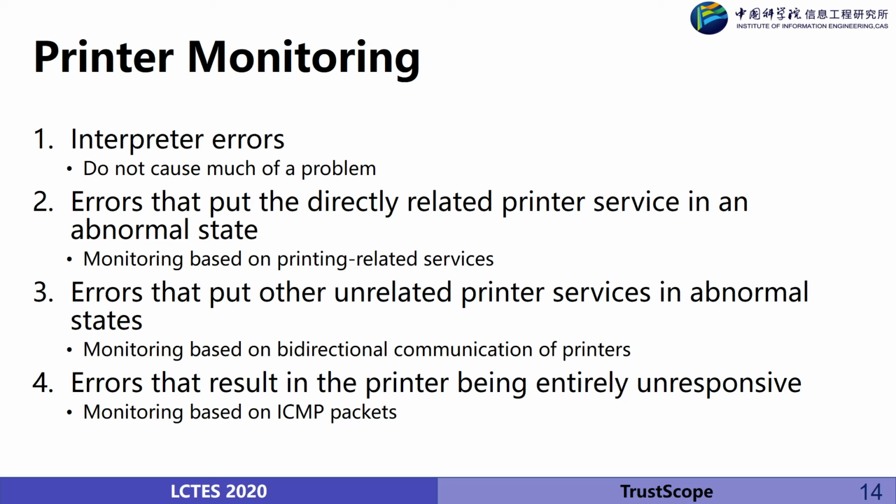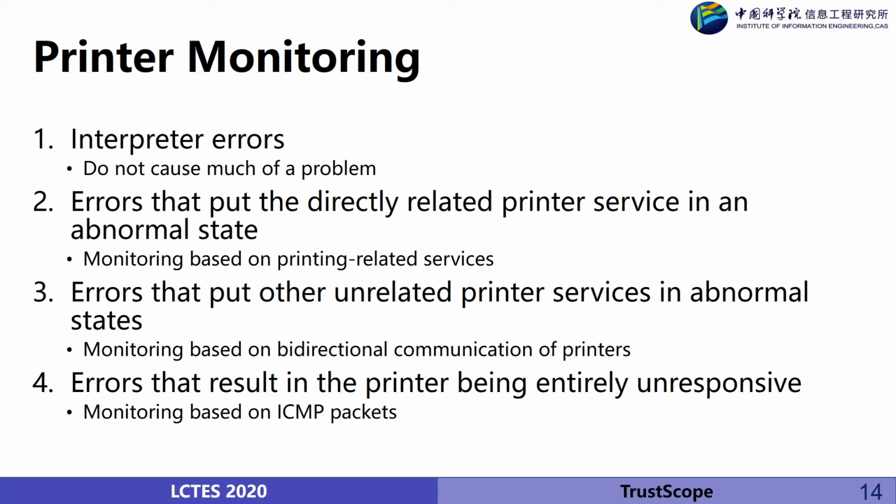Printer receives mutated PDL code. We need to know whether it triggers any abnormal behaviors. Based on our analysis, we find that printer exceptions can be classified into the following 4 levels. First, errors which do not cause much of a problem and are not the focus of our attention.